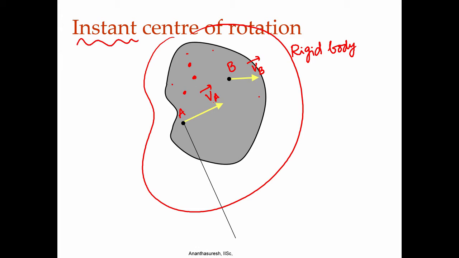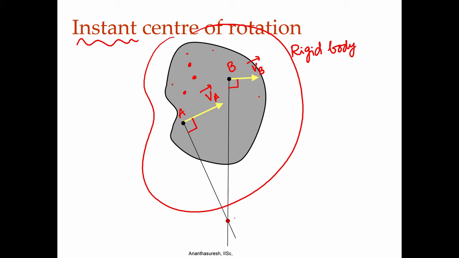Magnitude does not matter here, just its direction matters, and you draw a line perpendicular to the direction, that is one line. Similarly, at point B, you draw another line again perpendicular to the direction of the velocity of that point. They both will meet at a point, because 2 lines definitely meet at a point unless they are parallel to each other in a plane.